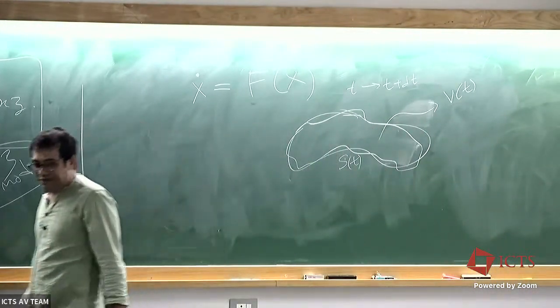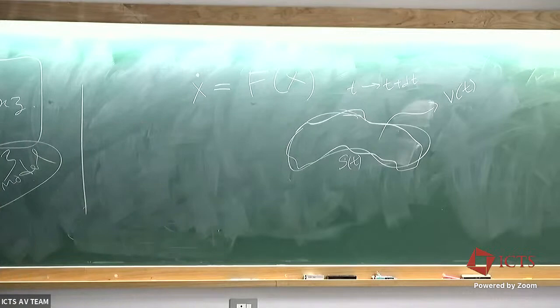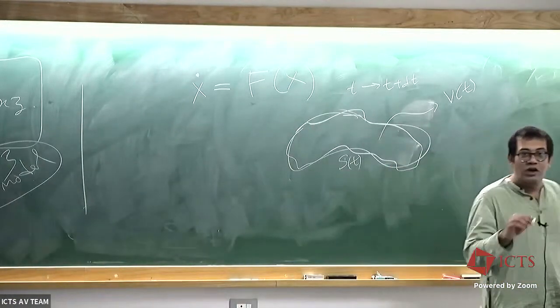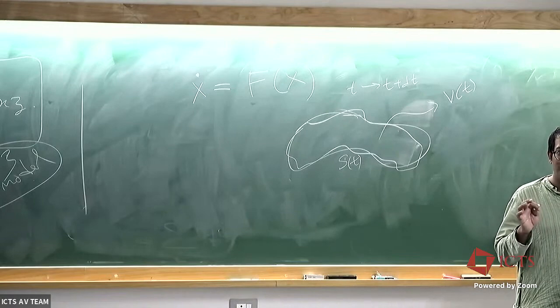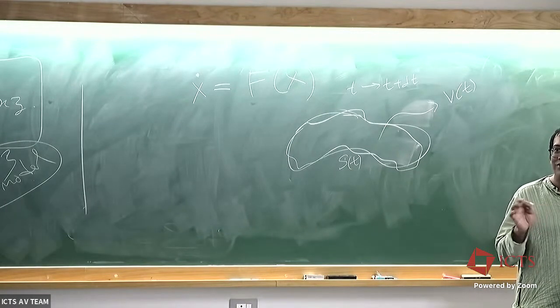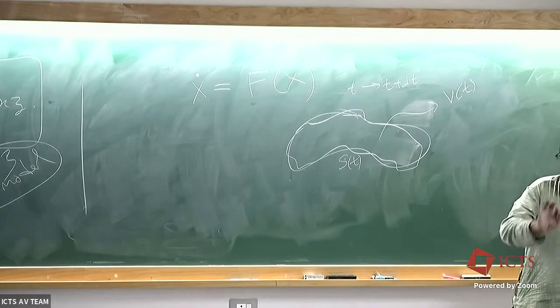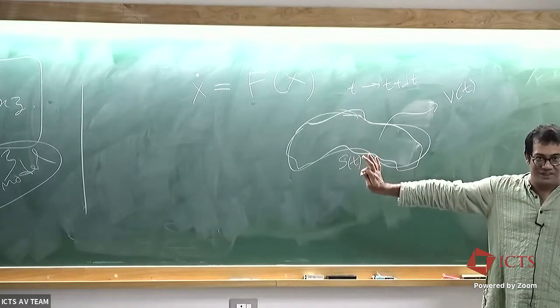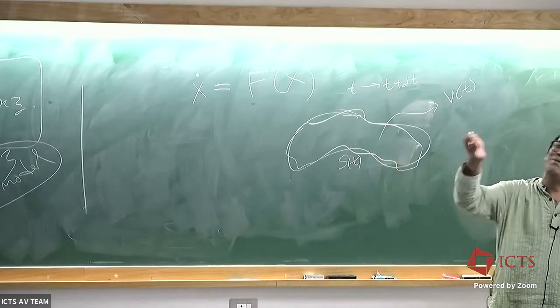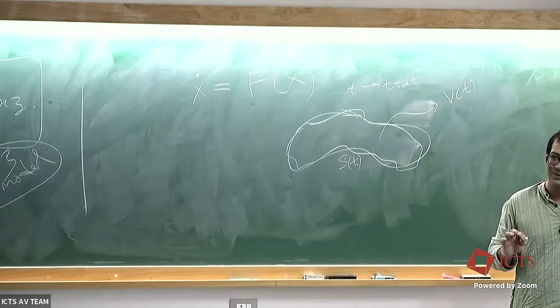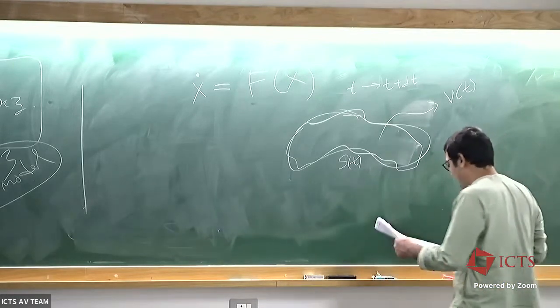You all have done some algebra related to how you manipulate volume. Okay, so let me just make the statement, and then maybe after the class, those of you who want to go through this detail, we can discuss, and that would be great.